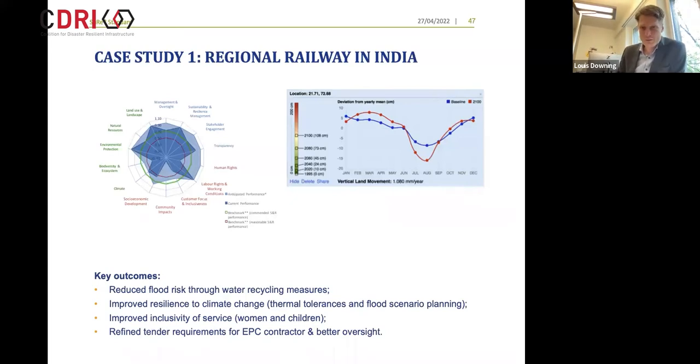Extreme heat, which people said was the most important. The assessment also showed exactly that, that extreme heat in that region was going to be increasingly a problem for the ongoing maintenance and operation of the assets.